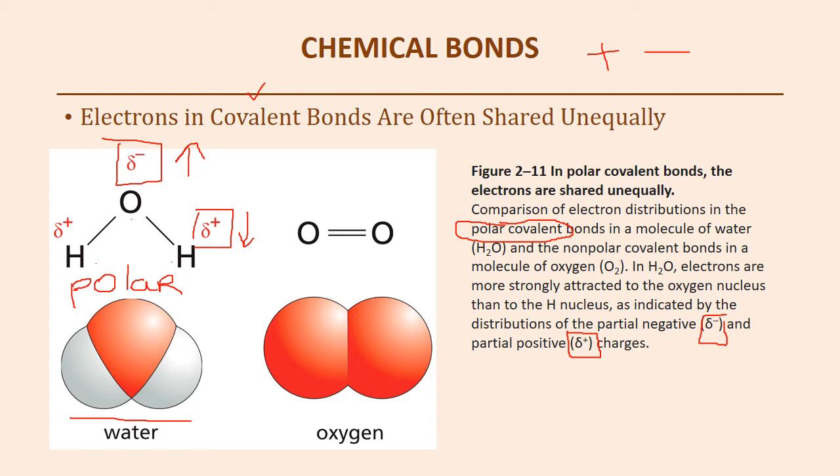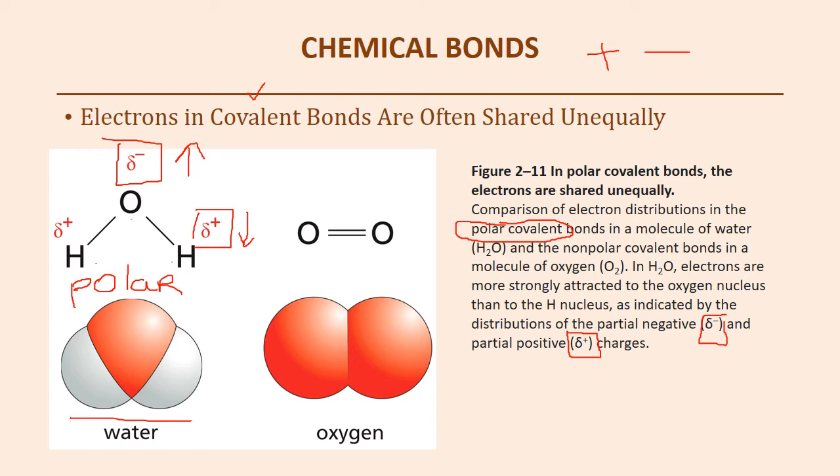Now, there's obviously also a case to be made for elements that are relatively close on the electronegativity scale. For instance, carbon and hydrogen are relatively close on the electronegativity scale. So when you have them form a covalent bond, there's a closer to equal sharing of the electrons between the two of them.